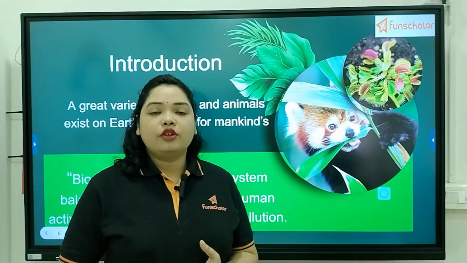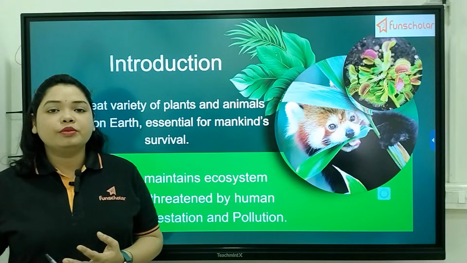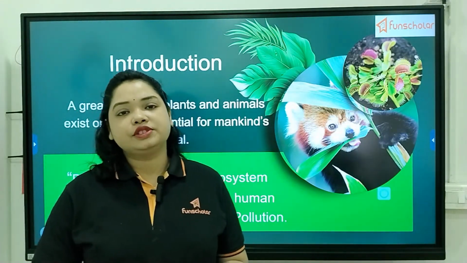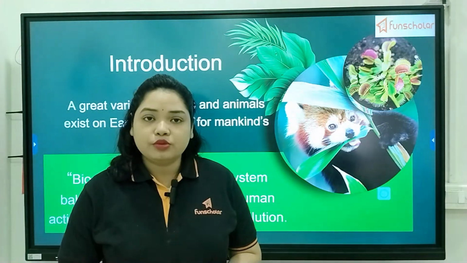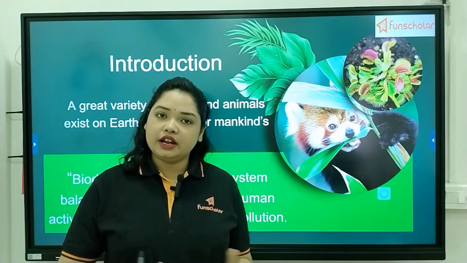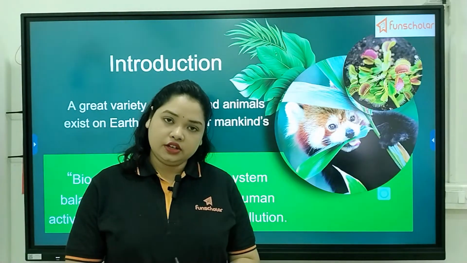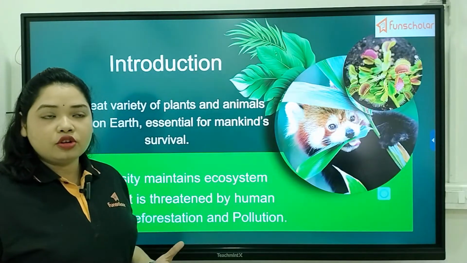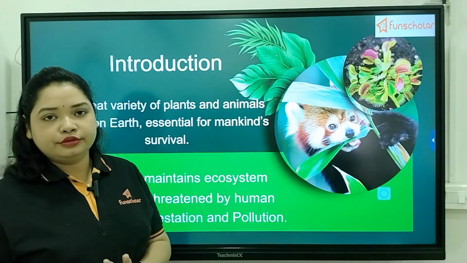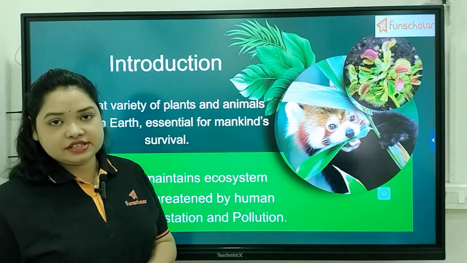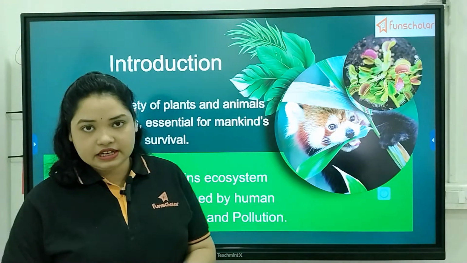Variety means, for example, we have so many life forms of animals, so many life forms under the plants, so many species, so many genera, so many varieties. So all are included under biodiversity. So the variety or the number of different populations of species that we see in our area.